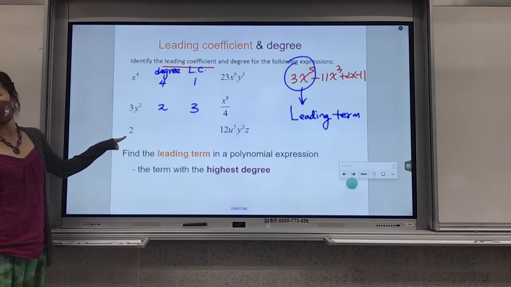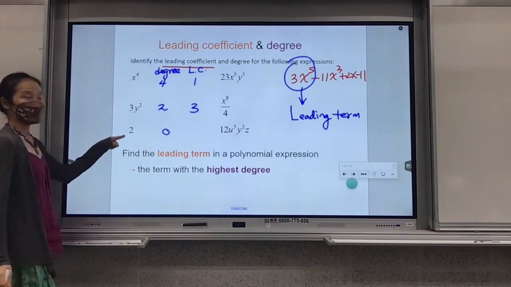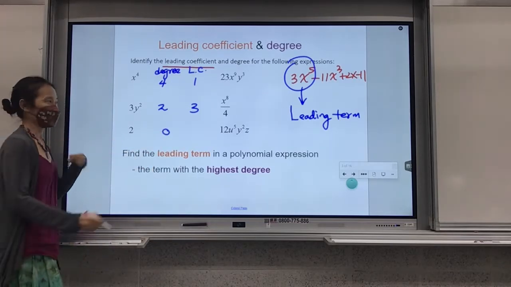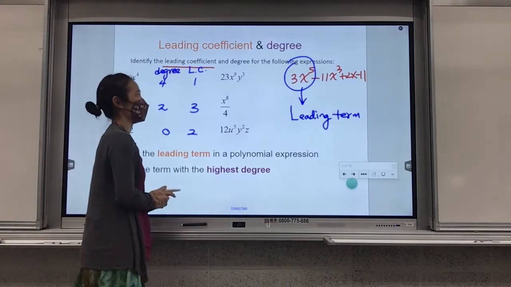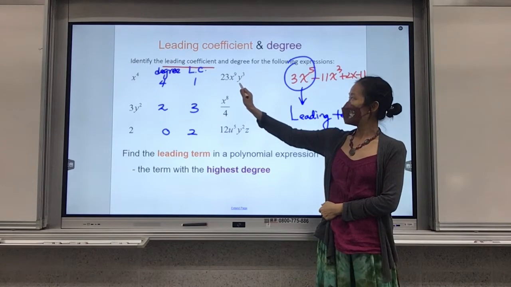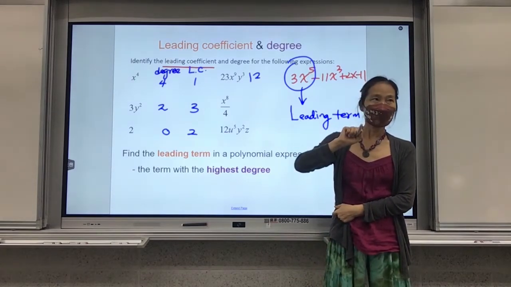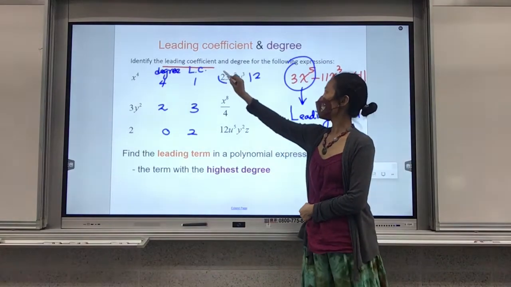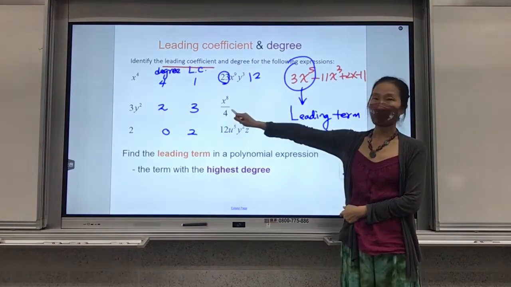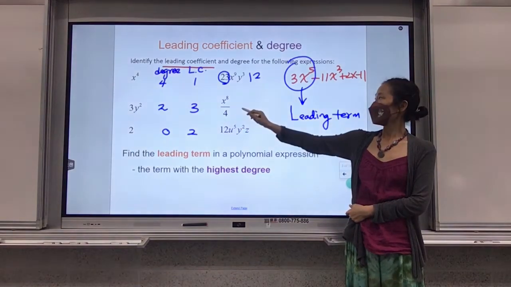What is the degree of this one? 0. And the leading coefficient? 2. Good. Continue. What is the degree of this term? 12. And the leading coefficient? 23. What is the degree? 8.